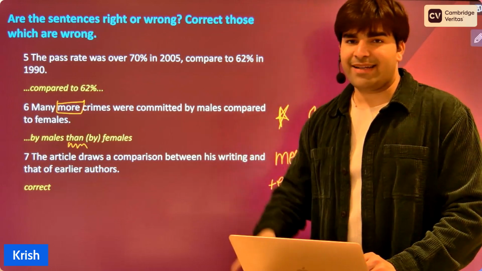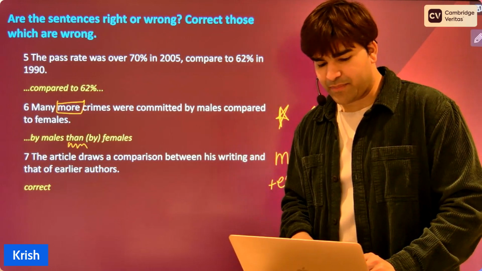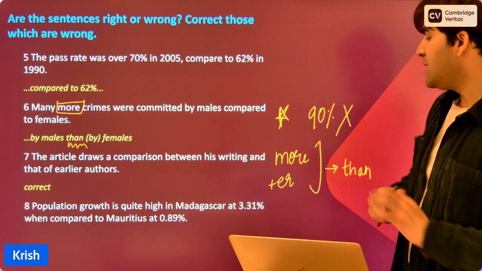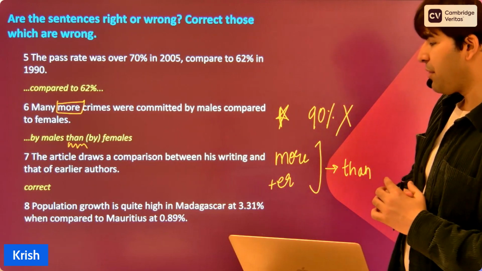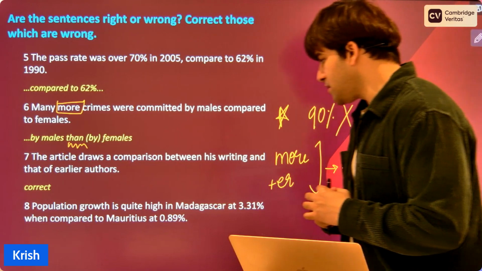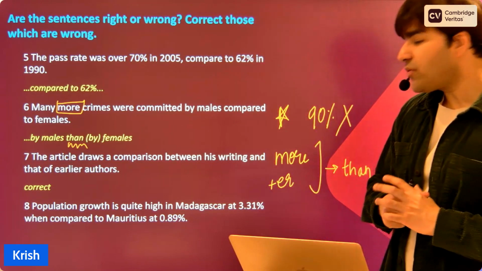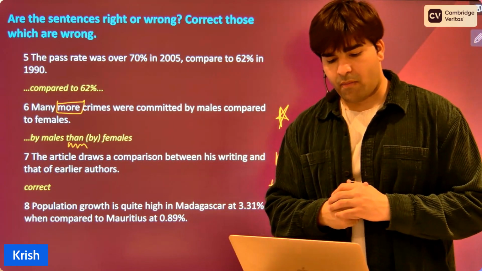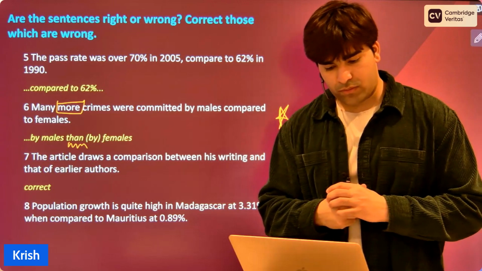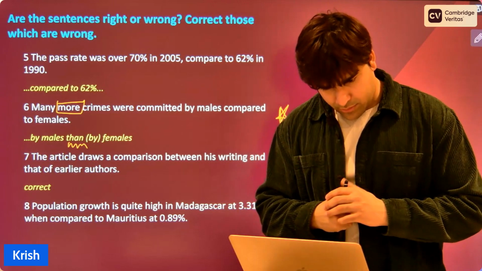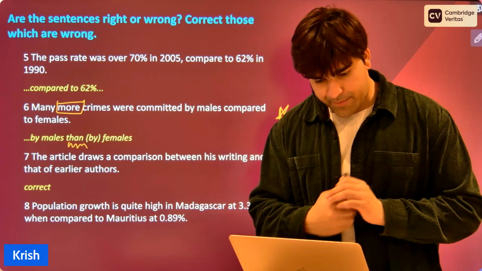And the last sentence is, here we go. Population growth is quite high in Madagascar at 3.31% when compared to Mauritius at 0.89%. What do you think?